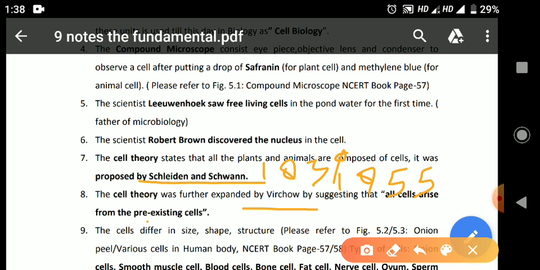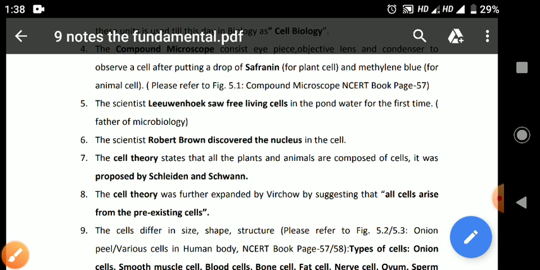He stated that all cells arise from pre-existing cells, which means new cells are formed from old cells. Okay, it means the cell theory was given by Schleiden and Schwann and expanded by Virchow, and it states that all living organisms are made up of cells, and all new cells arise from pre-existing cells.